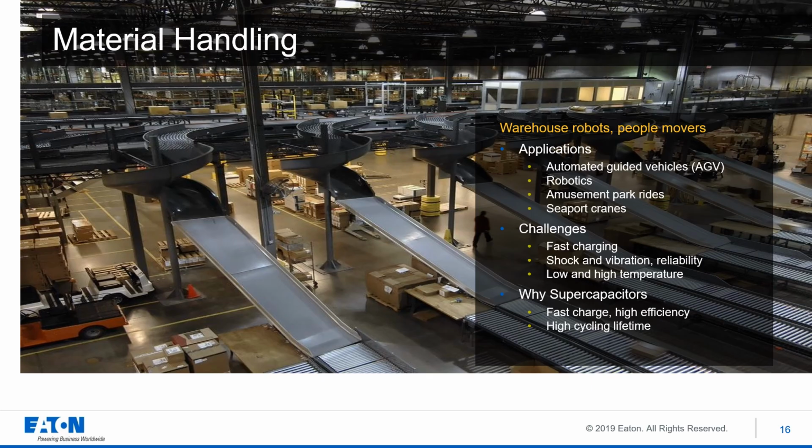The ability to quick charge, withstand high shock and vibration, and charge and discharge millions of times makes supercapacitors the best energy storage technology here. Other applications in material handling are at seaports, where supercapacitor high peak power allows ports to increase capacity without new utility infrastructure, which saves huge capital costs.